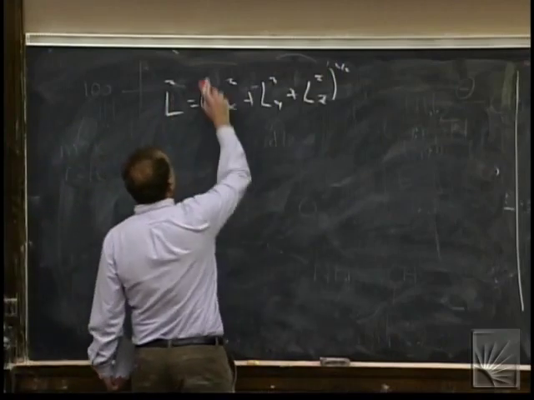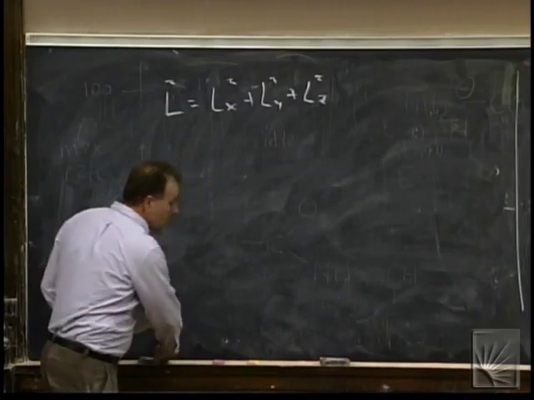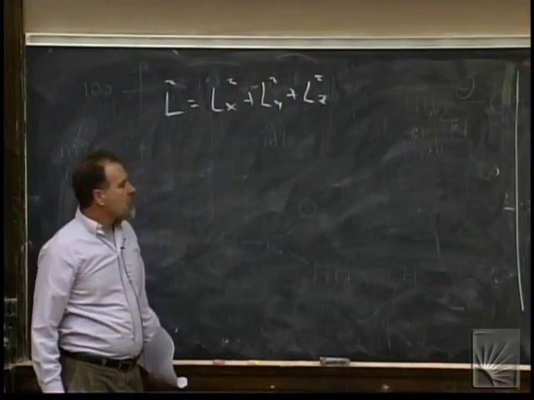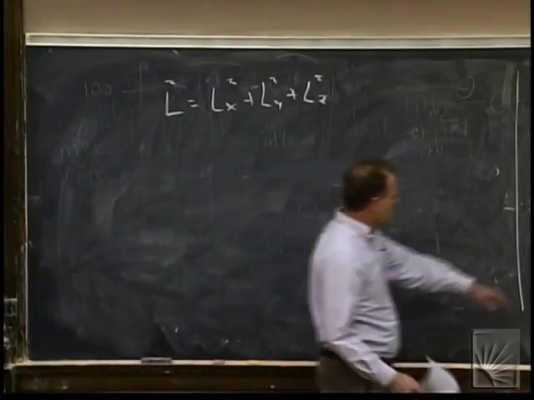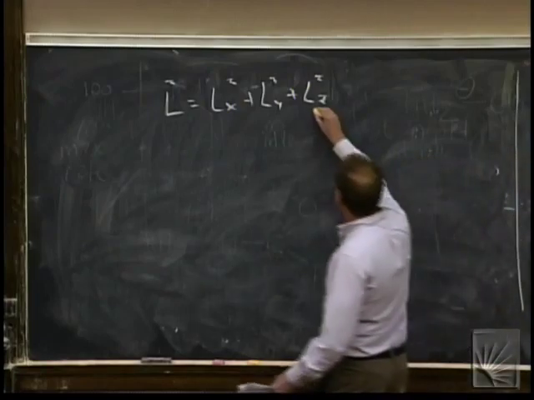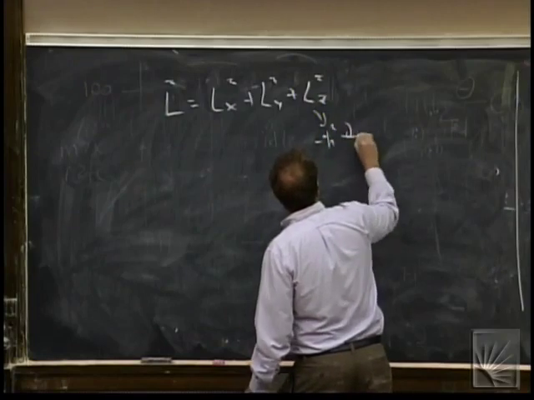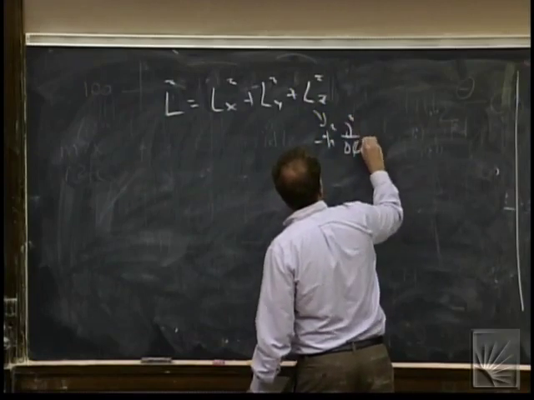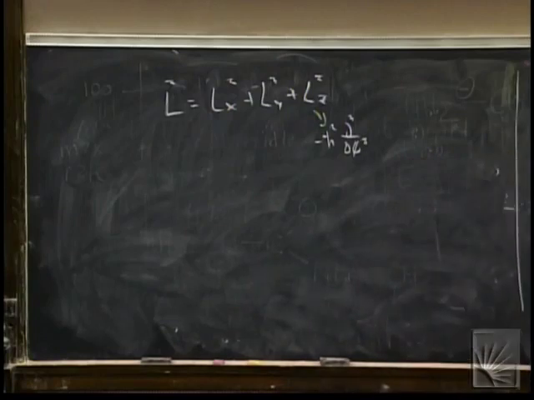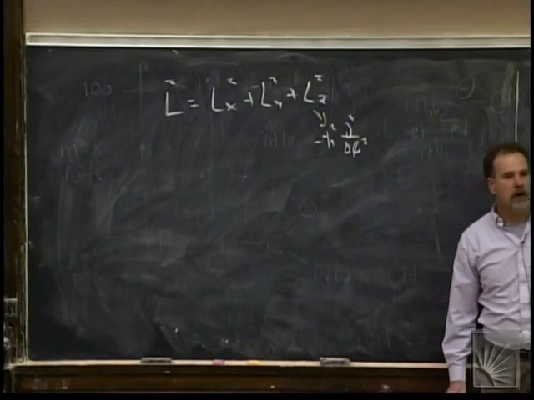So instead, let's look at L squared just flat out like that. The notion that these are vectors still carries. I simply need to square that. Lz squared is easy. That's minus h bar squared d by d phi squared, right? The i squares to give me the negative sign, just like I did with p earlier.